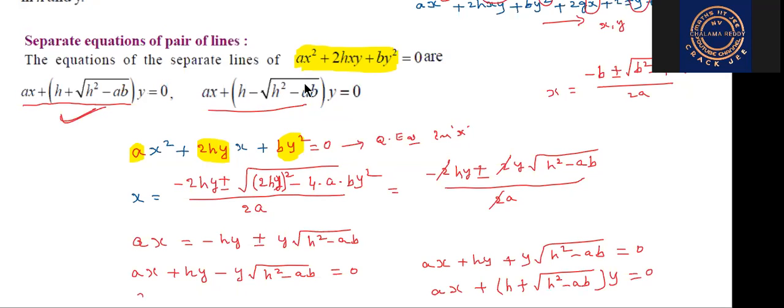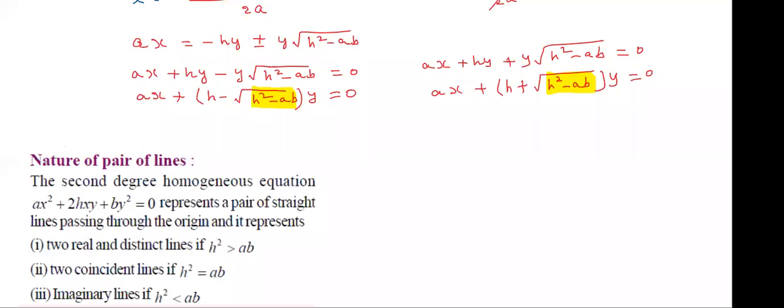Now in the second line, observe that ax, here also take y common, h minus under root h square minus ab into y is equal to 0. This is the second line. How to separate the lines in a pair of lines? This is one of the procedures. Okay students, all of you understood now. We can follow another method also.